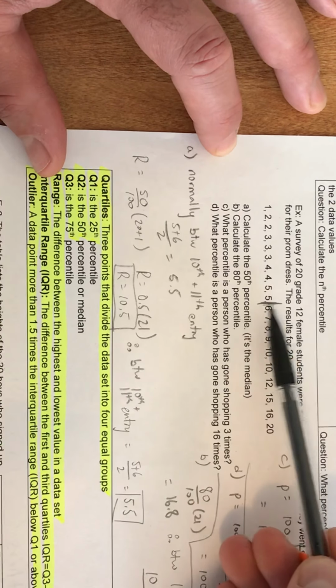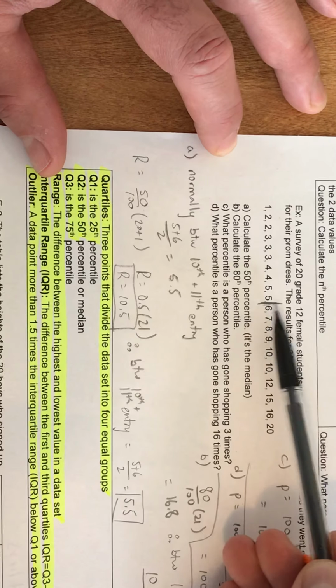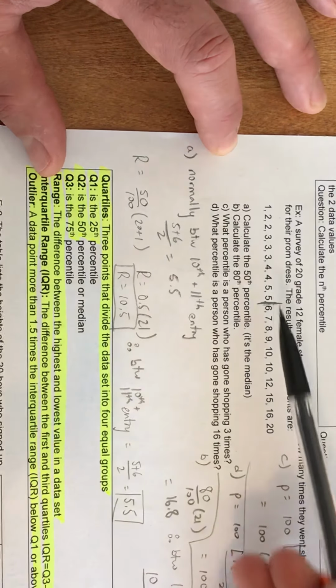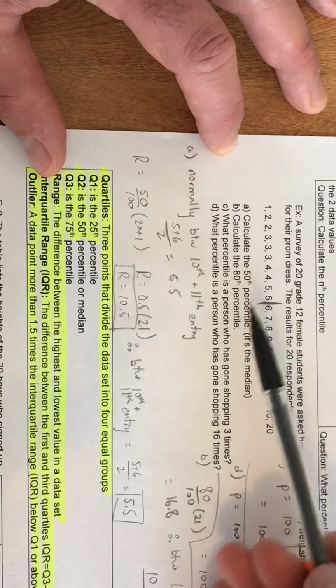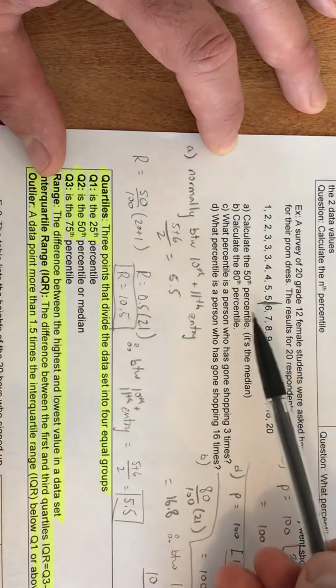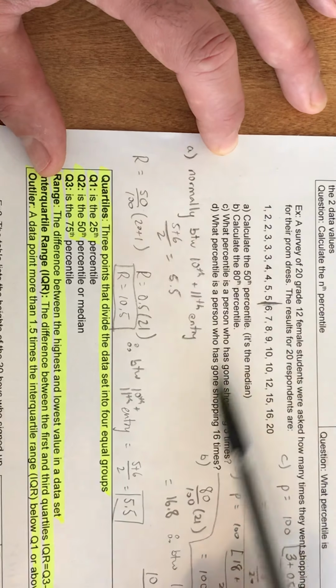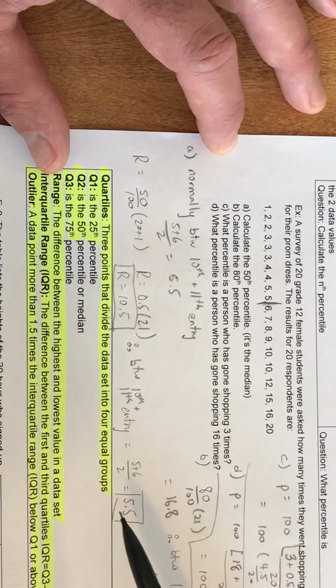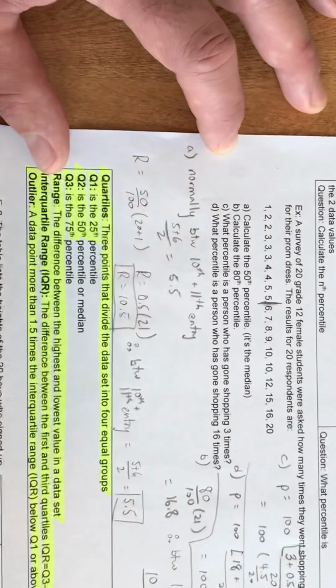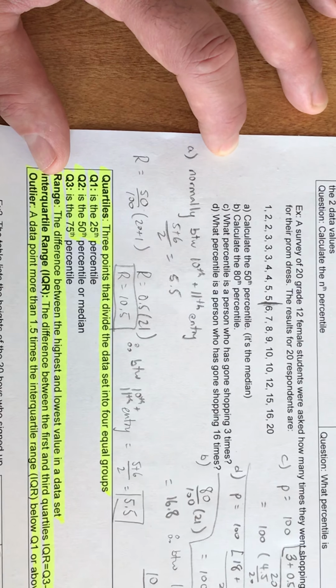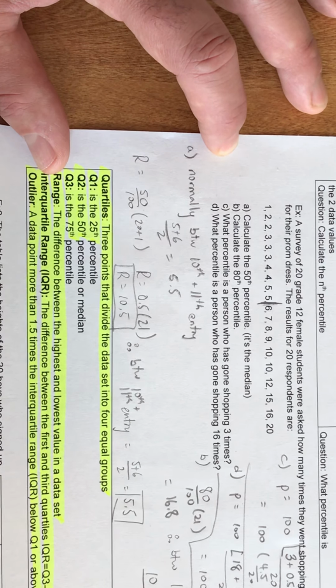At the 10.5, I put a little divider here. This is the dividing line where 50% would be above and 50% would be below. From there, I take the 10th and the 11th entry, one on either side, and take the average of that, which is 5.5.